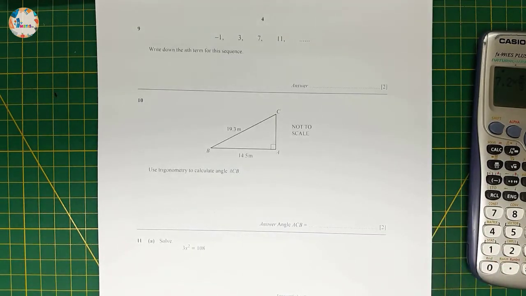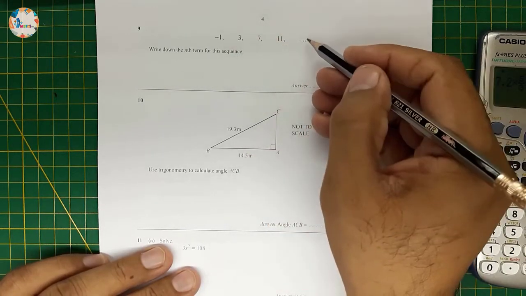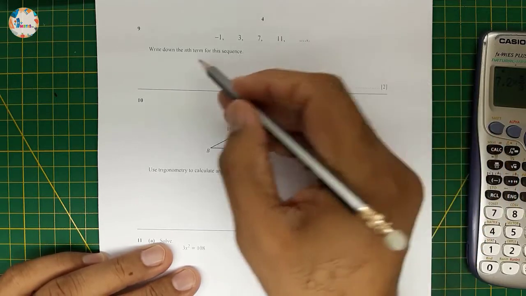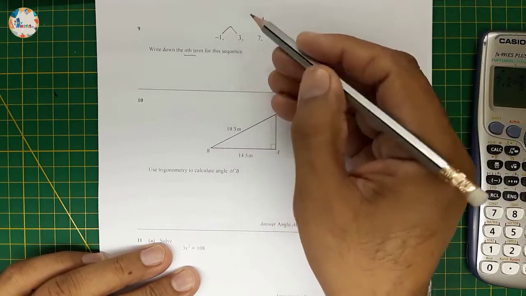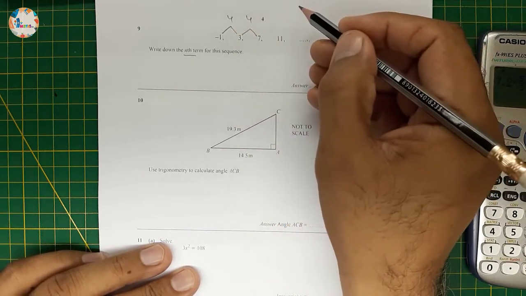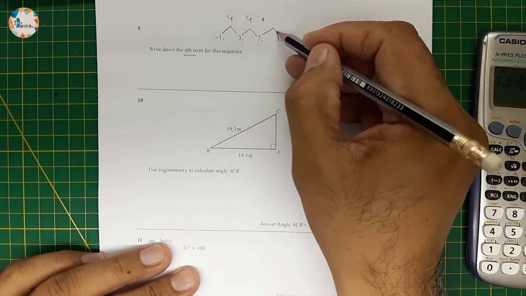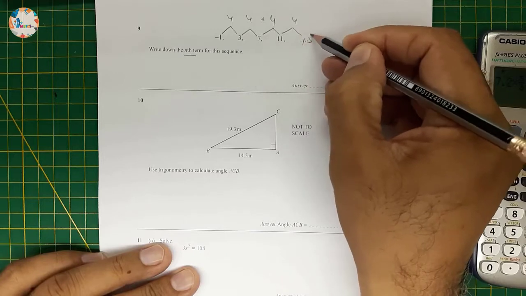Question number 9, a sequence question, and they have provided the first 4 terms of the sequence. We have to write the nth term of the sequence. So we can check the difference. This will be adding 4, and this one will also be 4, so plus 4 will be 15.